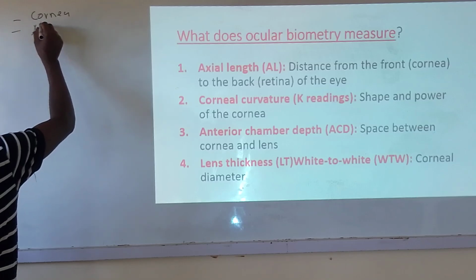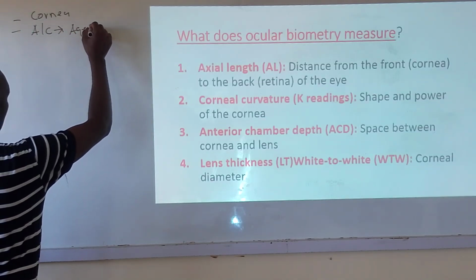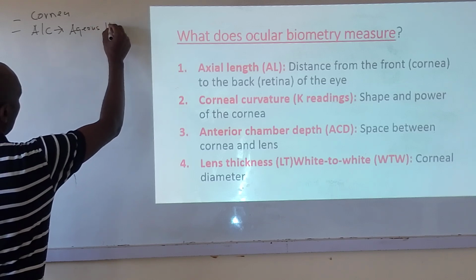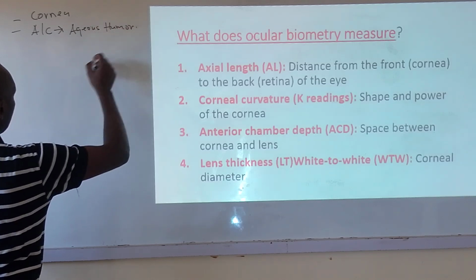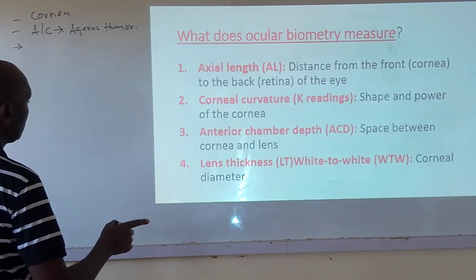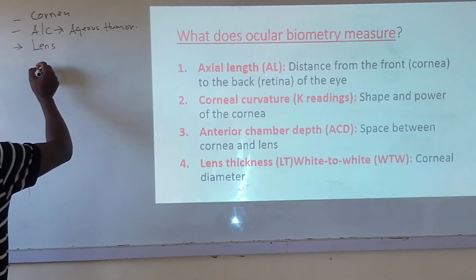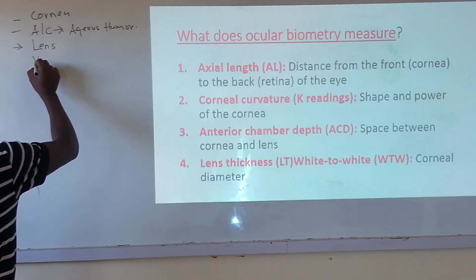Then in the anterior chamber, we have the aqueous humor. It's also transparent with some minimal contribution to refraction of light. Then we have the lens, and then we have the vitreous humor.